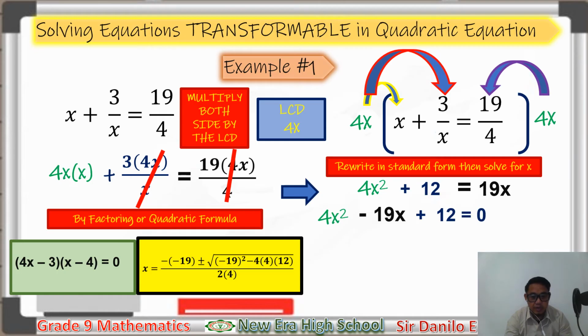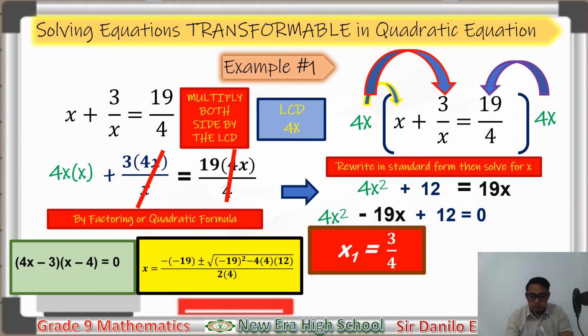Or you may use quadratic formula. Lalagay lang natin dito si negative b. Yan, that's negative b plus minus square root of b squared minus 4. This is your a. This is your c. So, ganun lang pwedeng quadratic formula. Pwede ring factoring. Kasi pwede naman sa lahat yung quadratic formula.